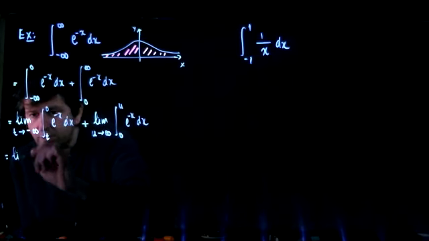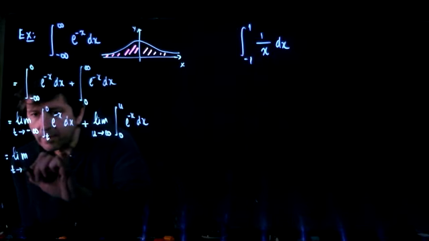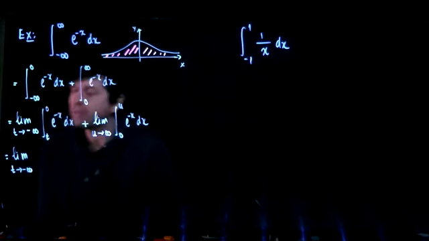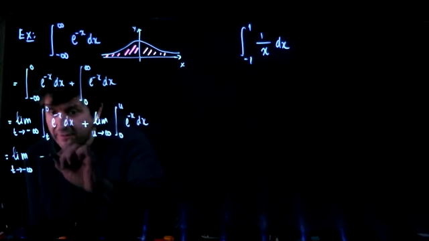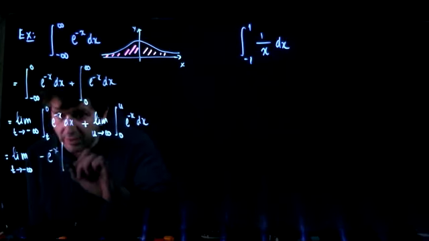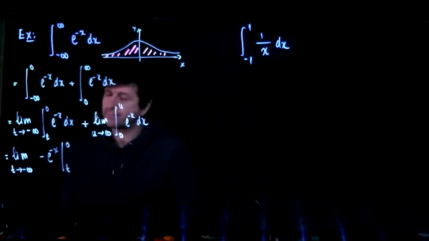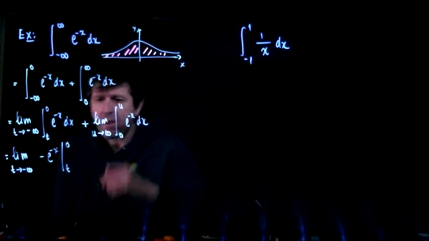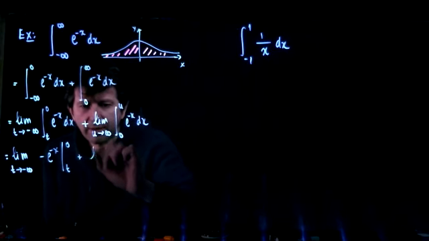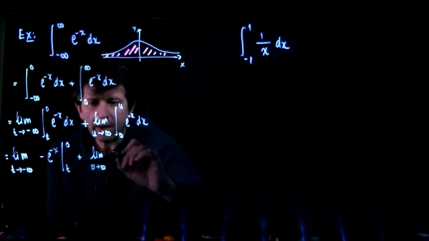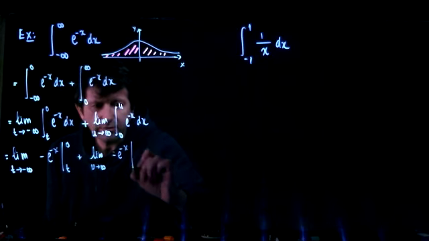This is equal to the limit as t approaches negative infinity of the antiderivative of e to the negative x, which is negative e to the negative x, evaluated from t to 0, plus the limit as u approaches infinity of negative e to the negative x from 0 to u.